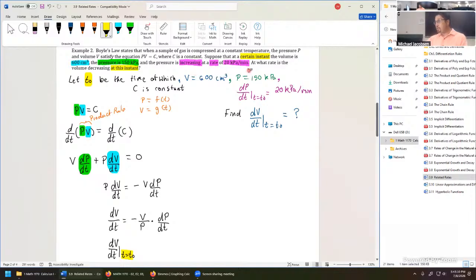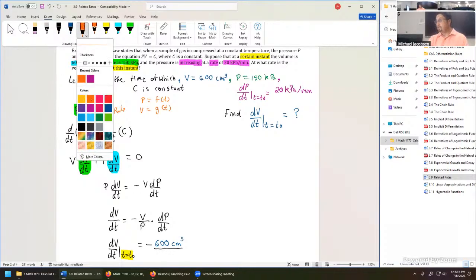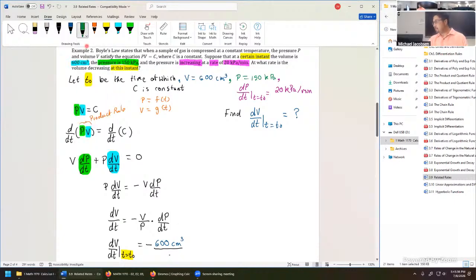We know the volume, we know the pressure, and we know the rate at which the pressure is changing. It's increasing at 20 kilopascals per minute. So we can plug everything in the right-hand side, and here's what we get. This is now equal to negative volume of 600 cubic centimeters divided by a pressure of 150 kilopascals.